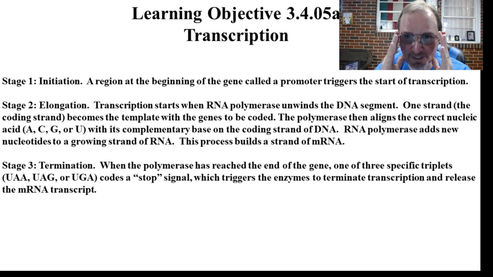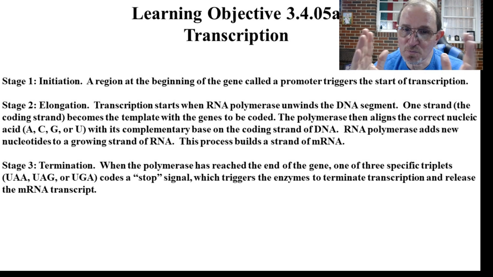That's the work that we have to do, dehydration synthesis. RNA polymerase is the guy that does it. He's going to make sure that we get the correct one, the A, C, G or U, that goes with what's on the DNA.